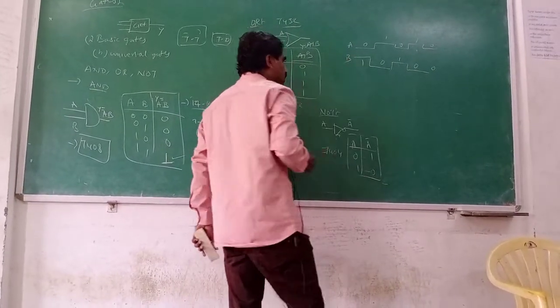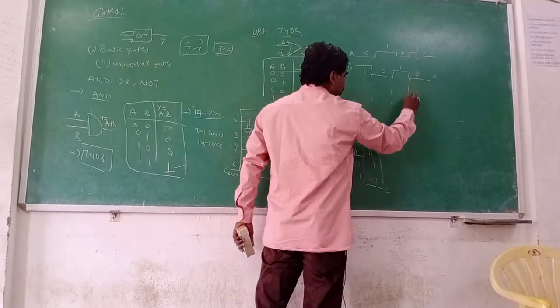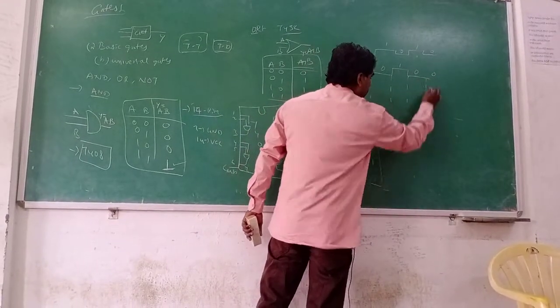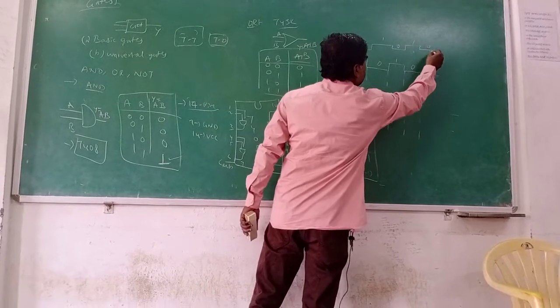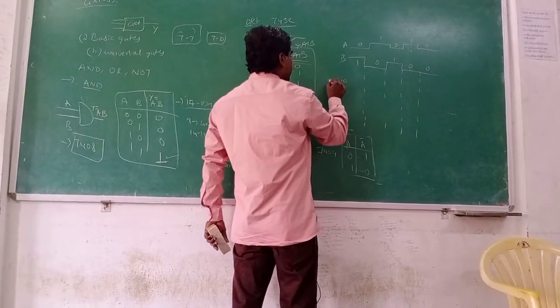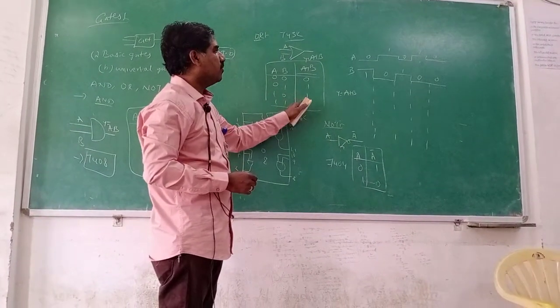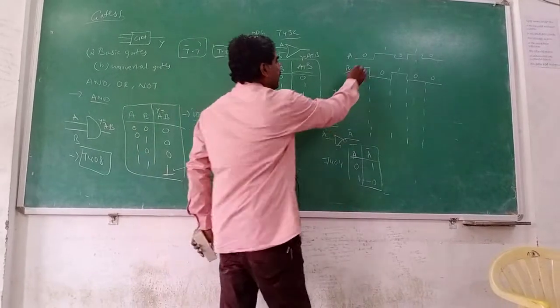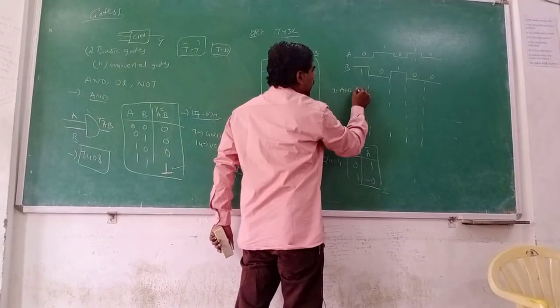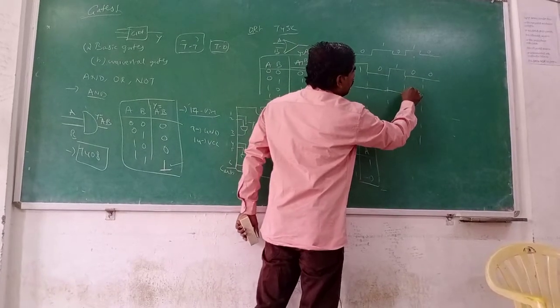You simply draw dotted lines for output. For A plus B, Y is equal to 0 1 1 1 0 1 0 1 1 0. Okay, you simply observe: 0 1 means high pulse, 1 0 means high, 0 1 means high, 1 0 means high, 0 0 means low.